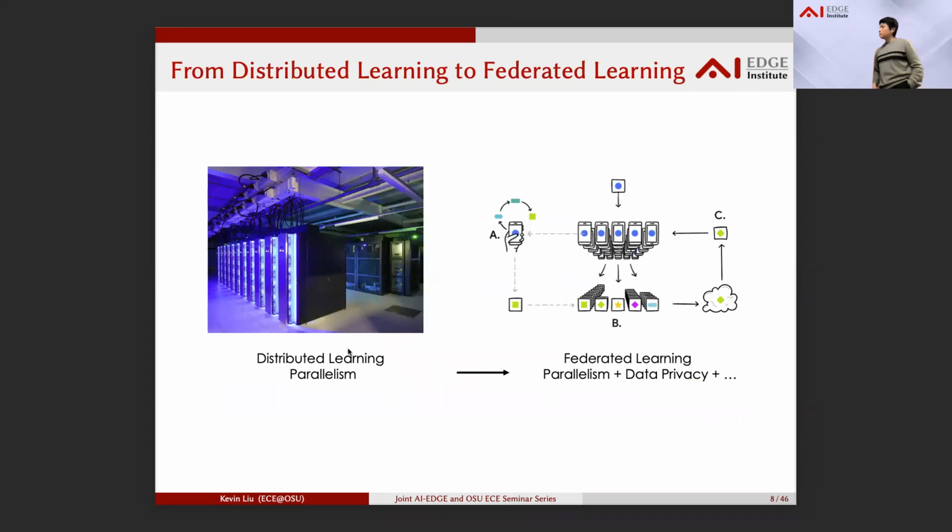Now, of course, there's still some difference. Federated learning, as I said a minute ago, is one type of distributed learning, and therefore they share a lot of similarities. However, there are still some key differences. In distributed learning in a data center, usually the data set can be assumed to be easily accessible by each computing unit in the system.